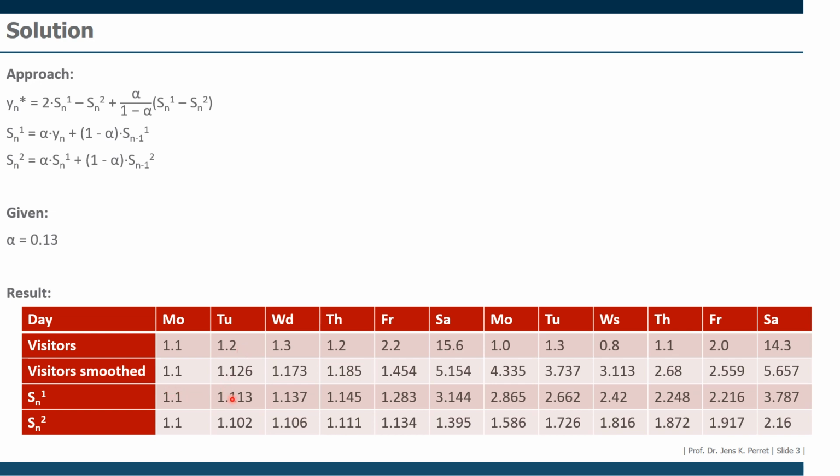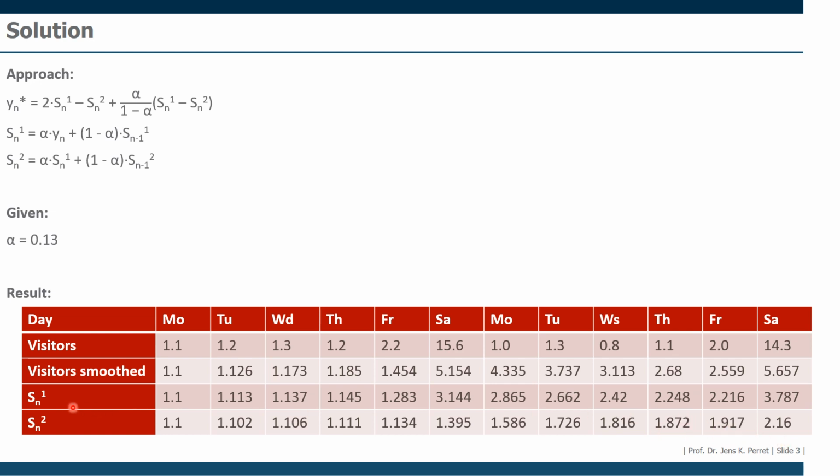So for Tuesday, we're going to use the original one and the SN1 from the previous period, calculating this new one. Similarly, for SN2, we're going to use the SN1 value from this period and the SN2 value from the previous period. So those two give me this value here. And I'm going to do this for all the different times.